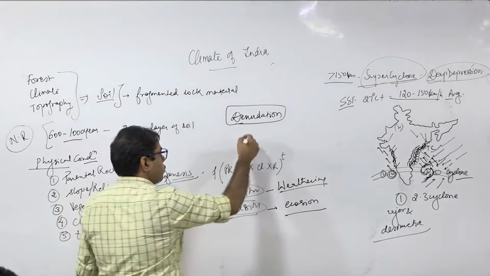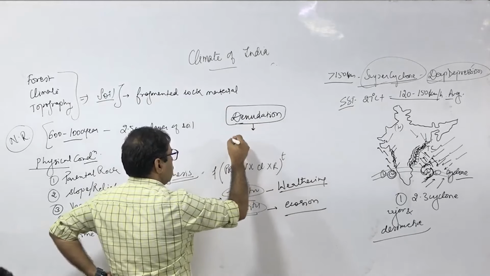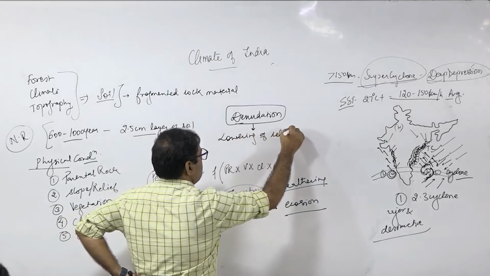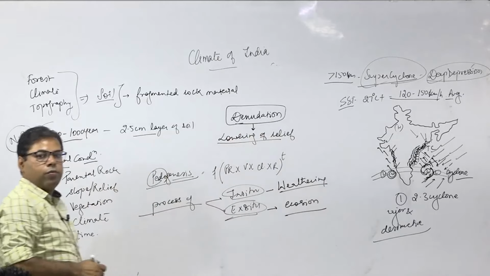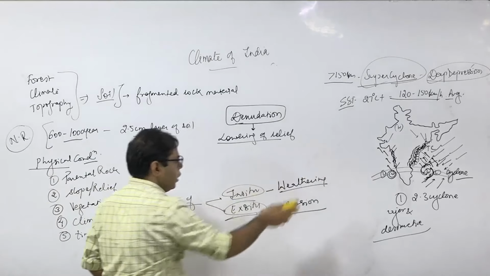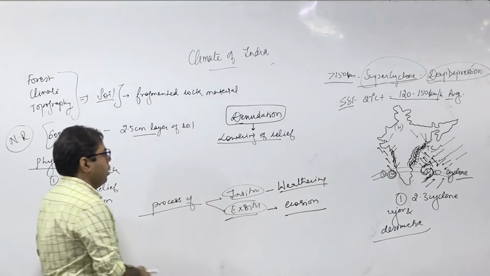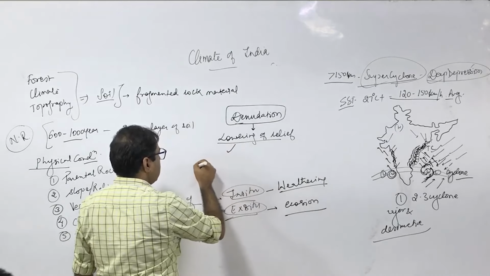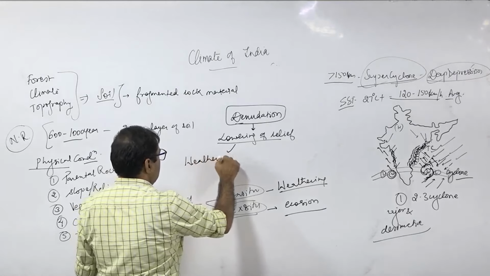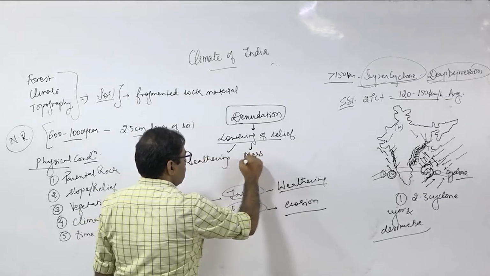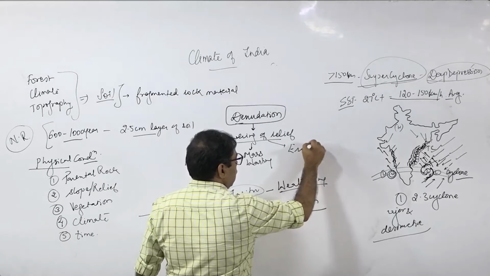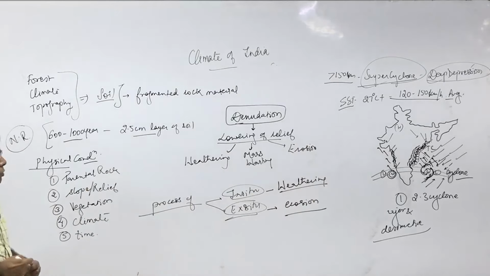What is the denudation process? Denudation process is lowering of relief, means reducing the height of any topography, that is a lowering of relief. This denudation process is divided into weathering, mass wasting and erosion.